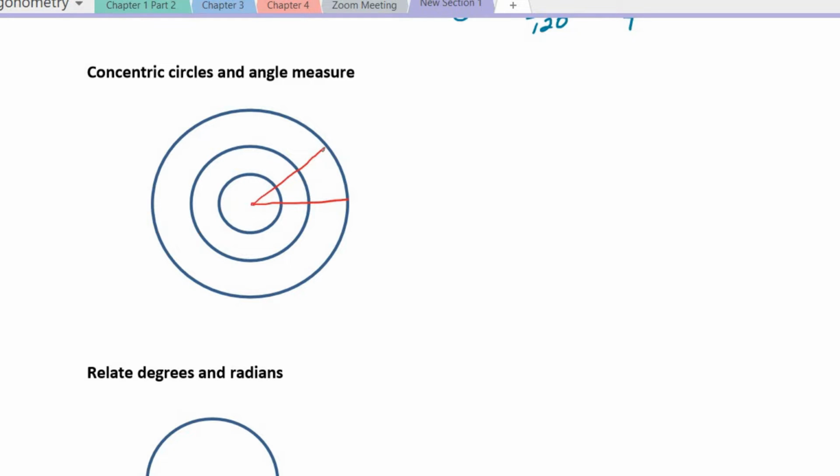This red line here can keep going out forever if we wanted to, and keep getting circles bigger and bigger. And that angle measure is still 30 degrees. So the radian measure is the same for all of those angles as well. And because the radian measure is a ratio, the longer this radius is, the longer that arc length has to be in order for that ratio to be consistent throughout those concentric circles.